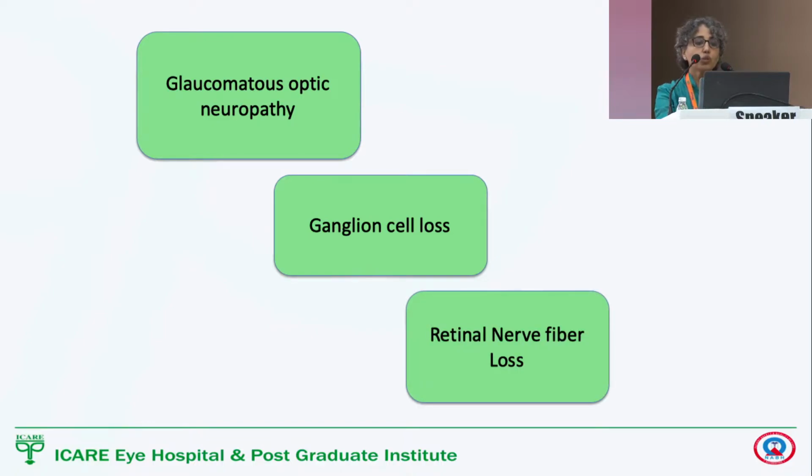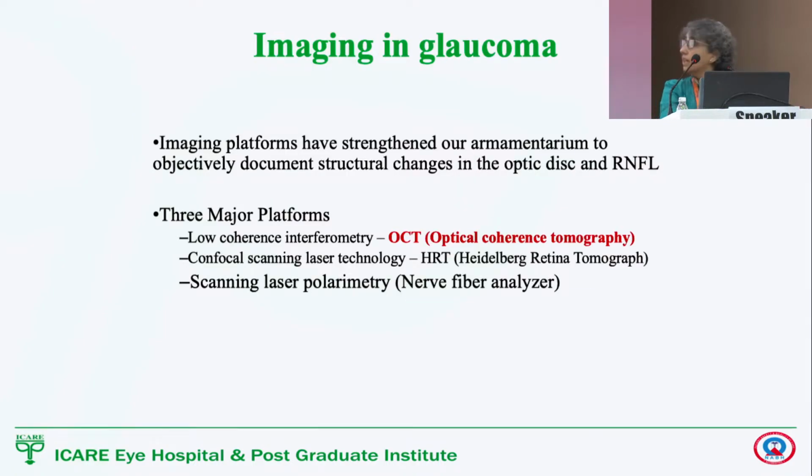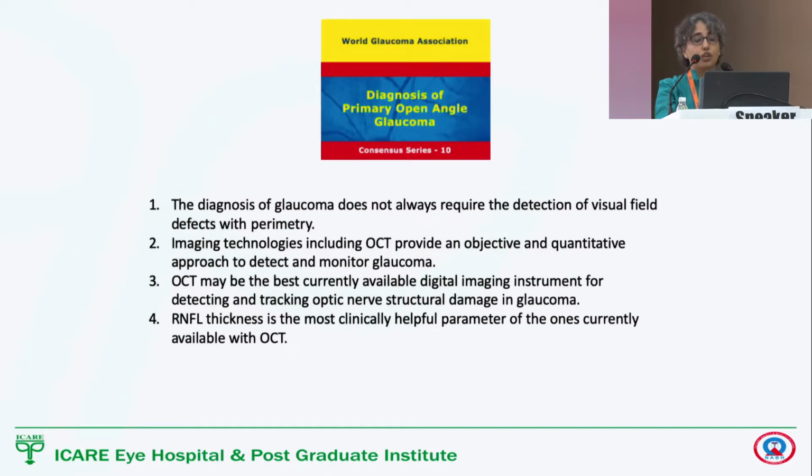And we also know that the imaging platforms are becoming more and more popular to document the structural damage that we see in glaucoma. And over the years, OCT has replaced all the other equipment that was available in the market, like the GDx and the HRT. Now we are all primarily using OCT in our clinics to diagnose glaucoma. So I will basically be talking only on that.